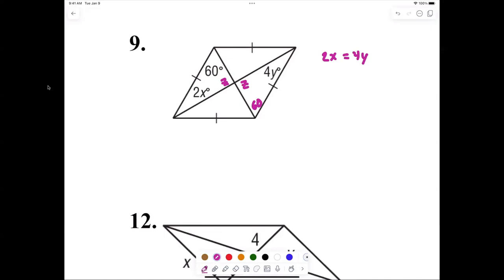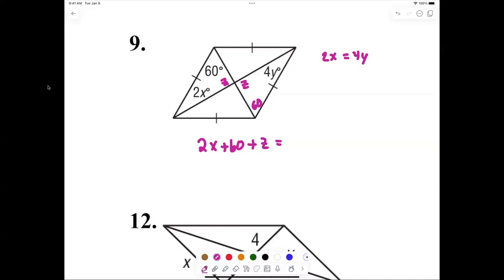So then we can say that the angles of a triangle add up to what? So 2x plus 60 plus Z equals, yeah, that's not going to help. I don't know how you're supposed to know that.